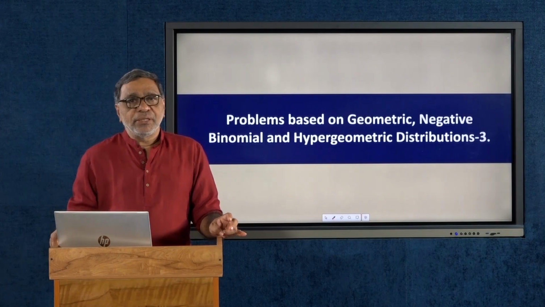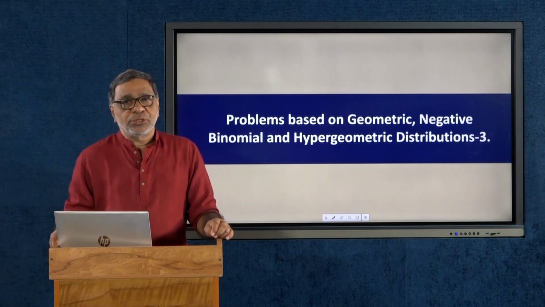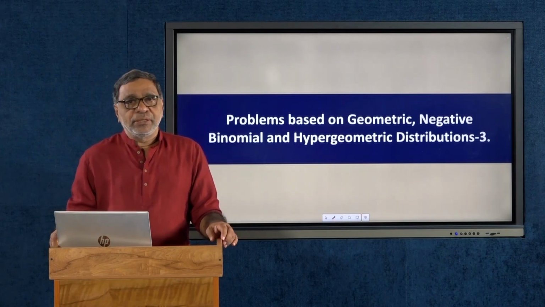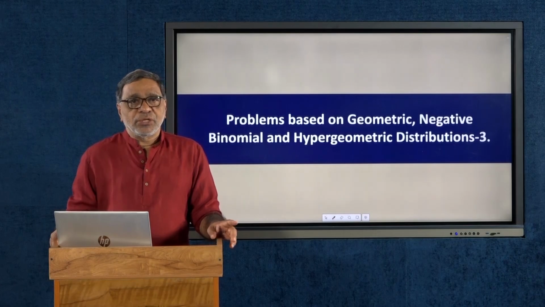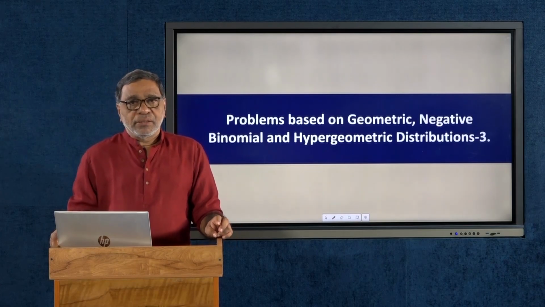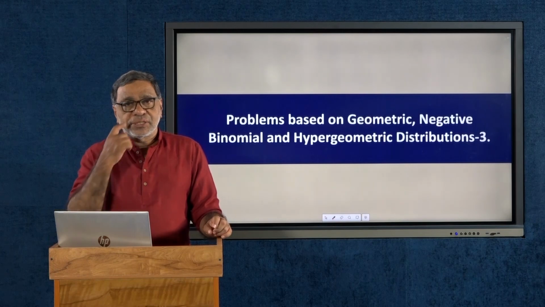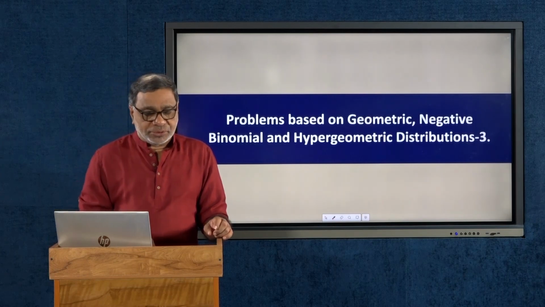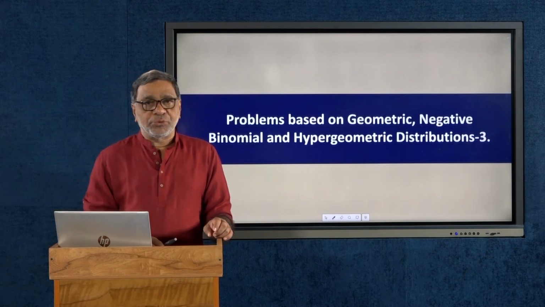We defined the negative binomial distribution and obtained its mean, variance, moment generating function, etc. in the previous session. And here we consider some numerical problems related to the distribution.